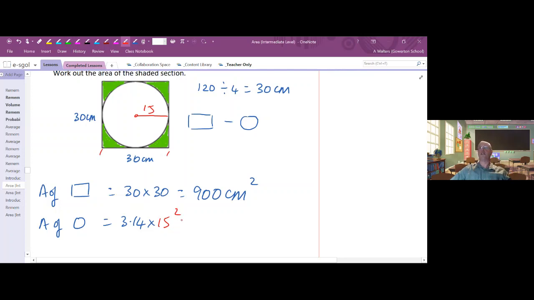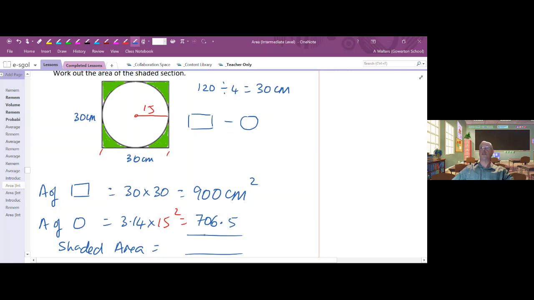Okay, and I've gone and worked this out. And I've got 706.5. So the shaded area is the square, as I've got here.